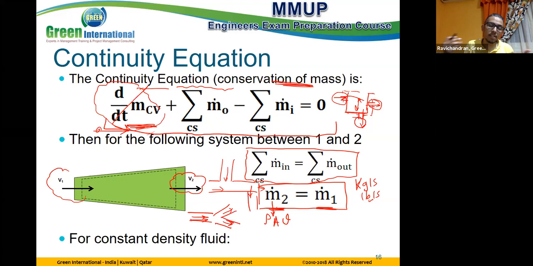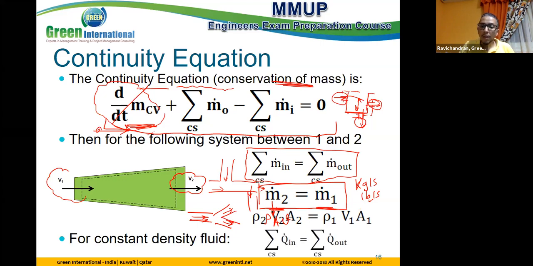So we can cancel density from both sides, and we find AV equals AV, which represents Q. What is Q? Volume flow rate. It is more famous and more used in the exam than m dot. Sometimes we use m dot, normally when the flow is a gas, which has a density change. But for incompressible flow, Q in equals Q out, which is AV equals AV.